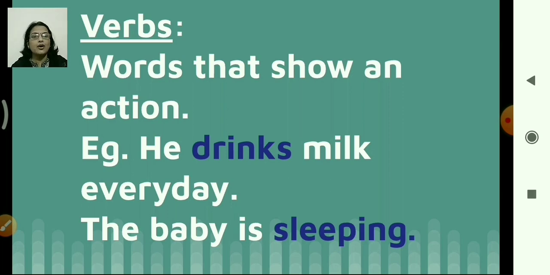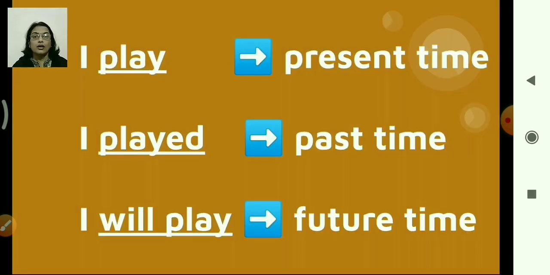Now we very well know that we cannot form a sentence without a verb, right? Now just look at these sentences. Can you see them? I play, I played, I will play. Now I play means what? Present time, just now.